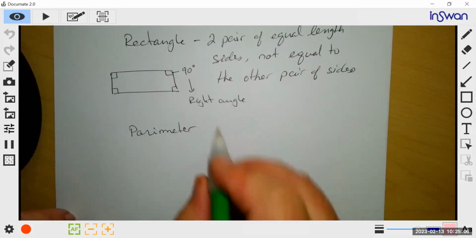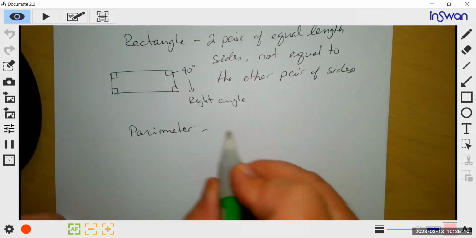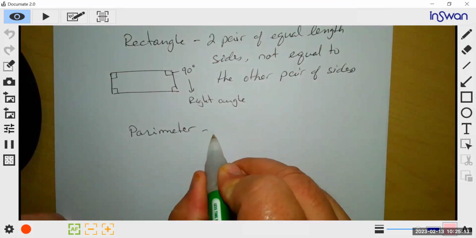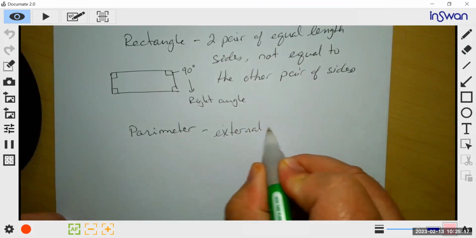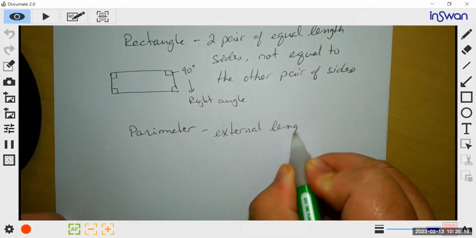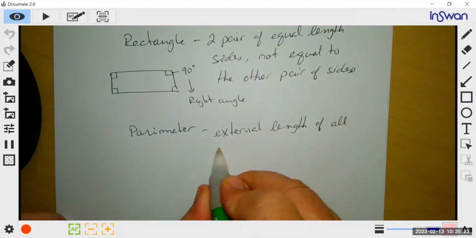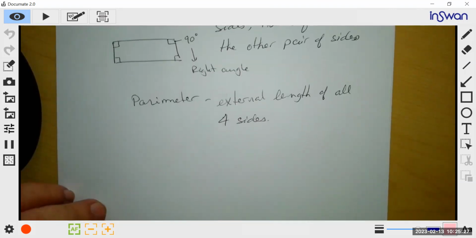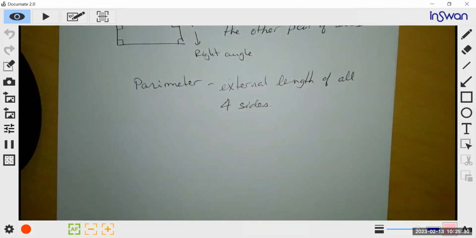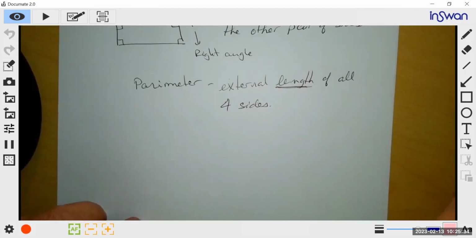Perimeter. What's a perimeter? External length of all four sides. Whereas perimeter is dealing with length.